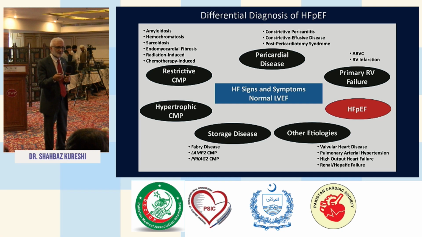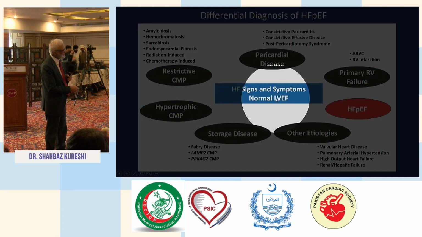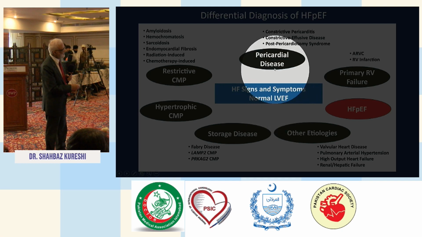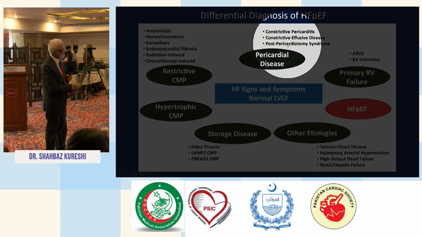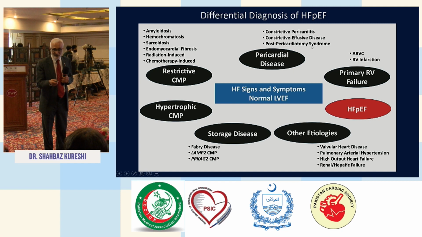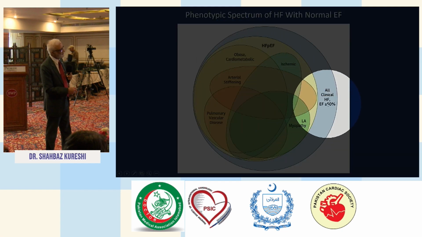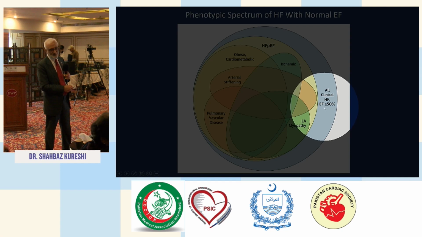What is the differential diagnosis? You have a patient with heart failure signs and symptoms of normal LV function: pericardial disease, constrictive pericarditis, constrictive effusive disease, post-pericardiotomy syndrome. Like, for example, post-CABG, you can have that. Then there is the clinical syndrome of heart failure with ejection fraction more than 50%.